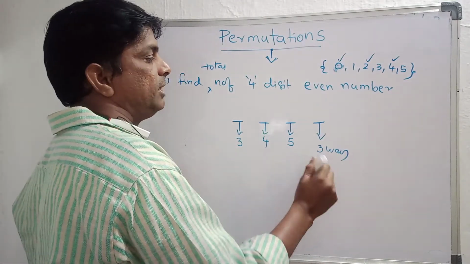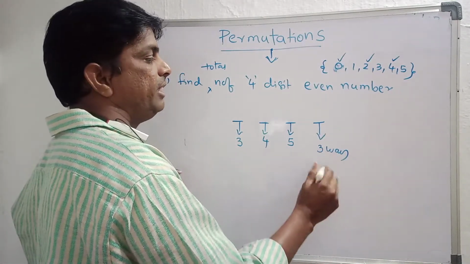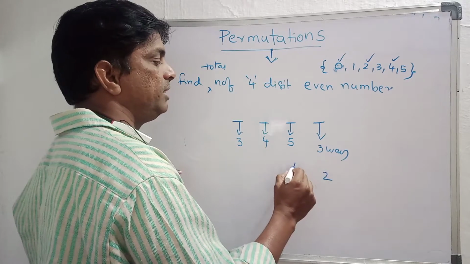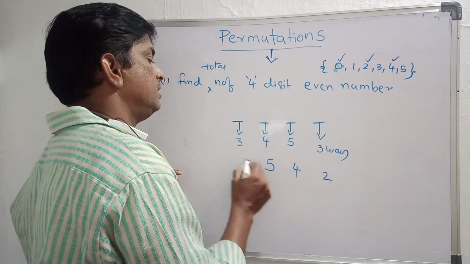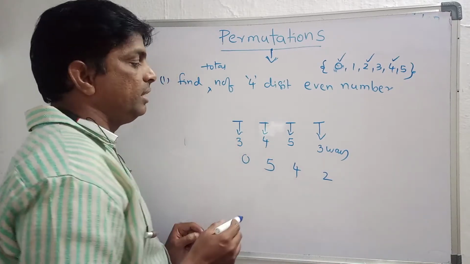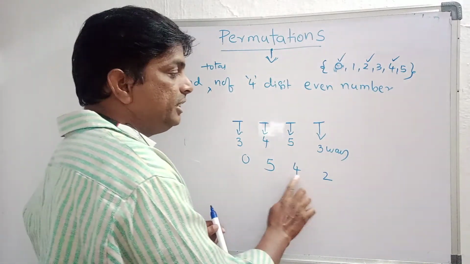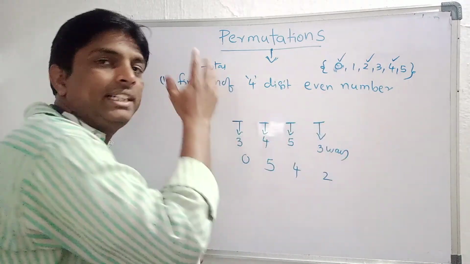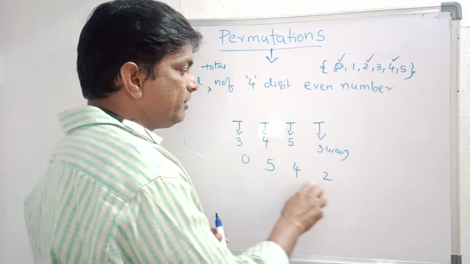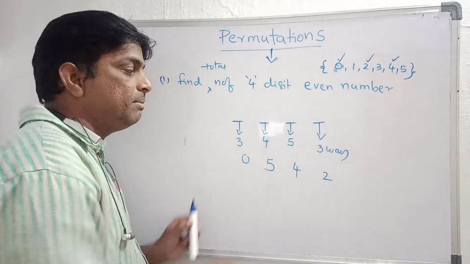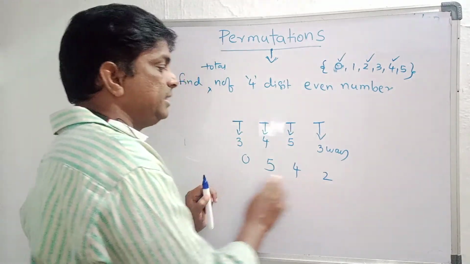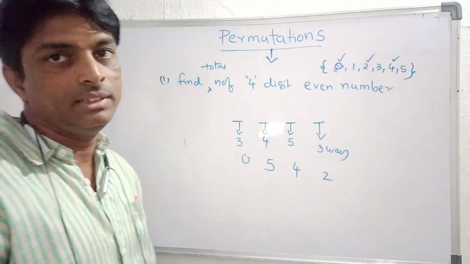This place has to be filled with an even number, let's say 2, then let's say 4, let's say 5 and 0. So this is one arrangement which belongs to this category. It is an even number, but it is not a 4-digit even number.